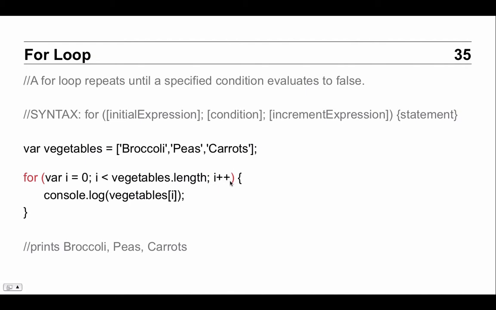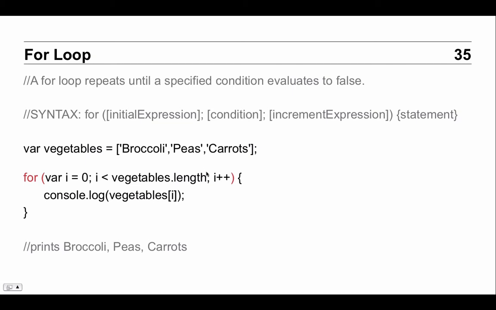This will add the number 1 onto i. The second time around, i is now equal to 1, so it will say 1 is less than 3, which is the length of vegetables. This is still true, so it's going to say console.log(vegetables[1]), which is going to print the value peas in the console.